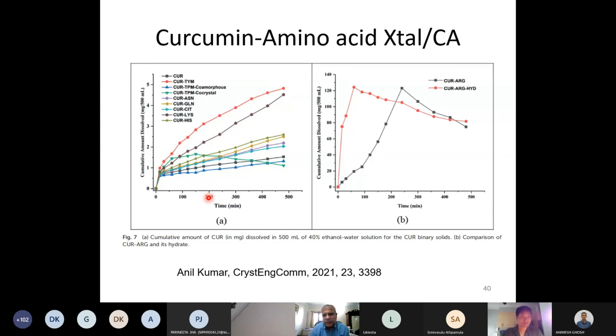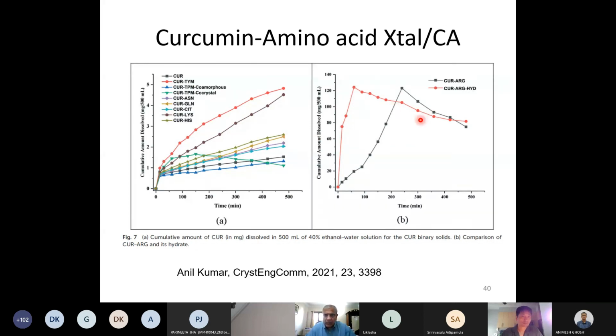So we found that the coamorphous solids with amino acids are excellent ways to improve the solubility of curcumin, which is a bioactive molecule. And here we see that the tyramine salt as well as the arginine hydrate show excellent improvement in dissolution and solubility.